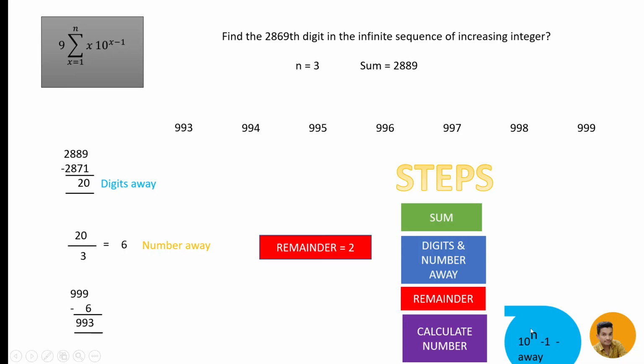I have just written this down: 10 to the power n minus 1 minus away.